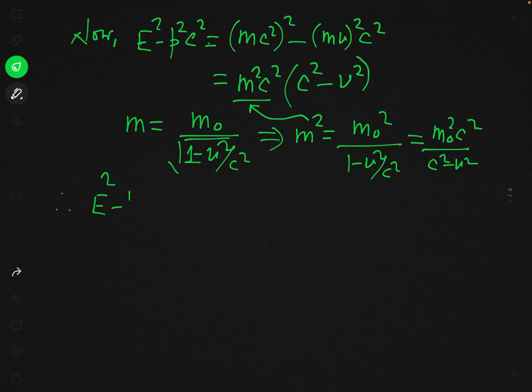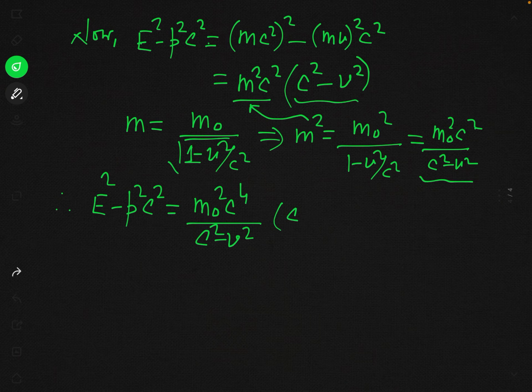So now let us substitute this value of m square in this equation. Therefore E square minus P square C square is m square C square, and m square is equal to this much, so this will be m naught square C square into C square, so C4, divided by C square minus V square.